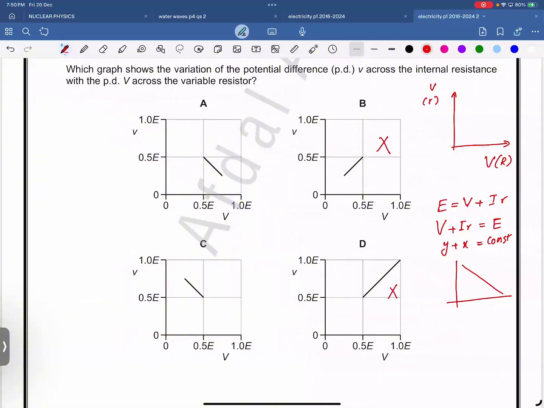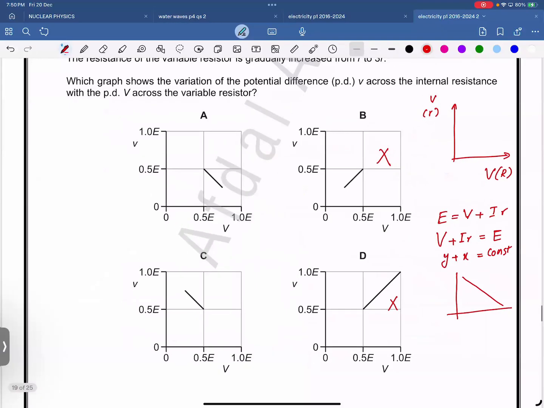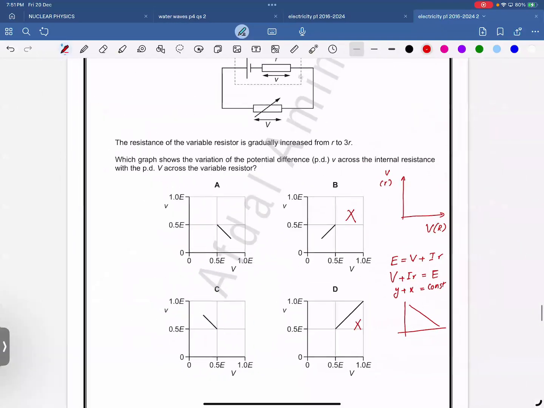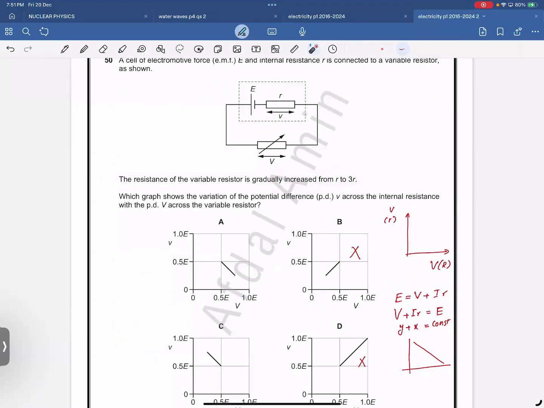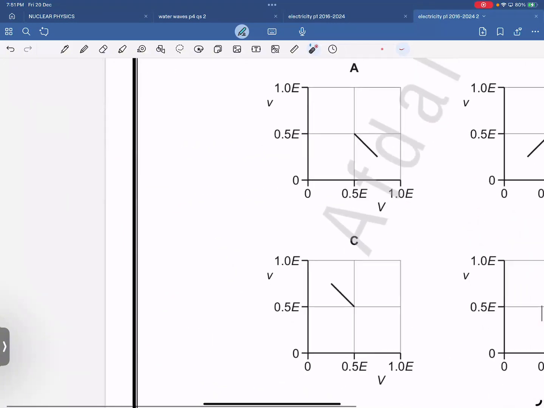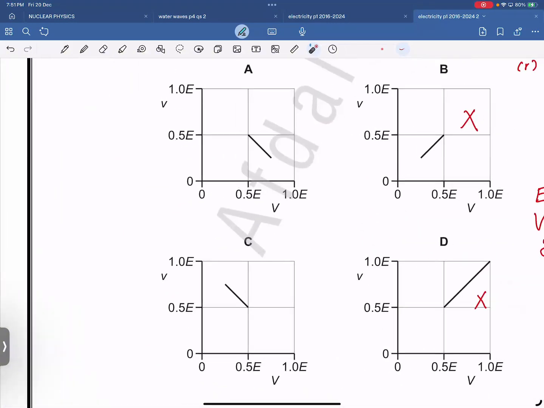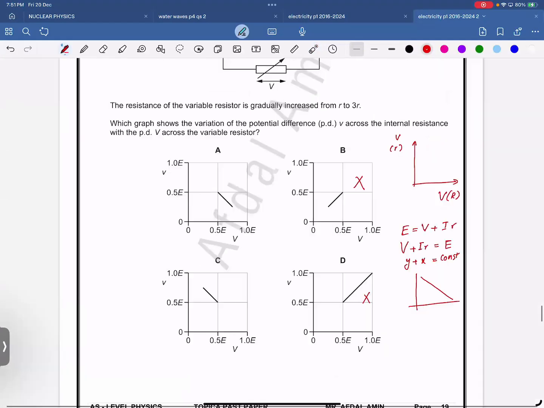Now the second concept. Either it is A or it is C. The variable resistor is increased from R to 3R. So when we increase the value of the variable resistance, what will happen? We have two options. Stay with me. What is the y-axis? Internal. So I will make IR the subject.